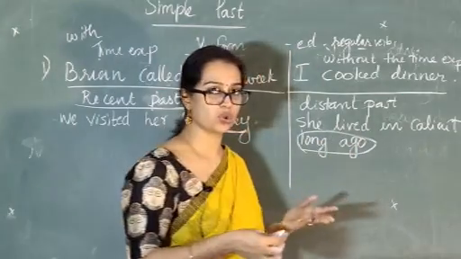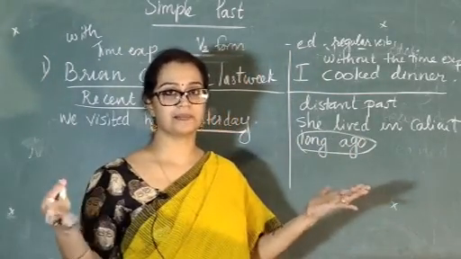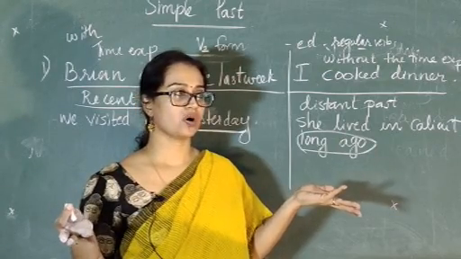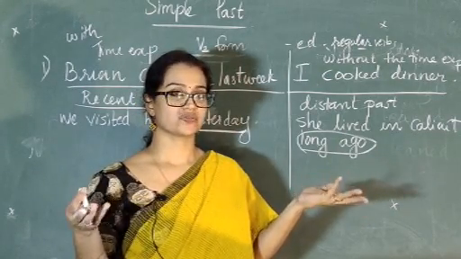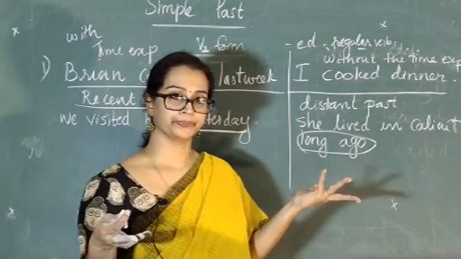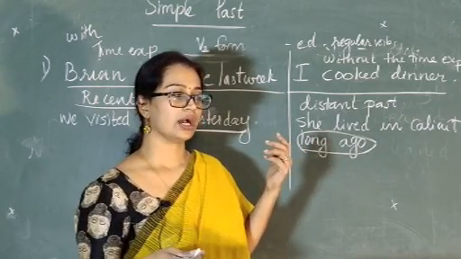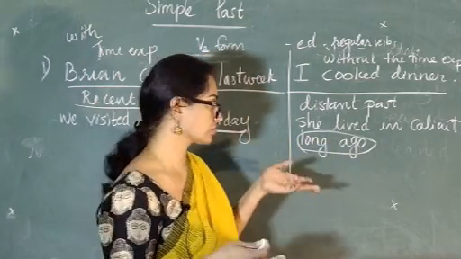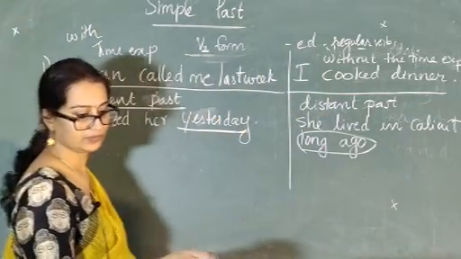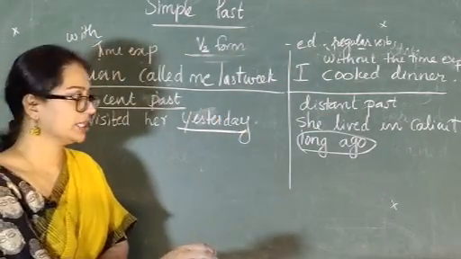So, long ago shows a distant past. Can also mean the Trojan War was fought long ago. Okay, or you have anything about history also, anything distant past. All right.